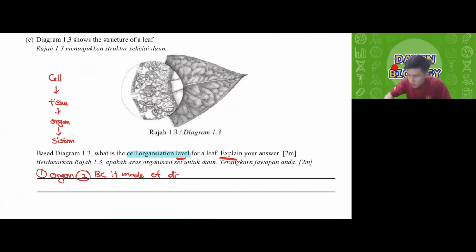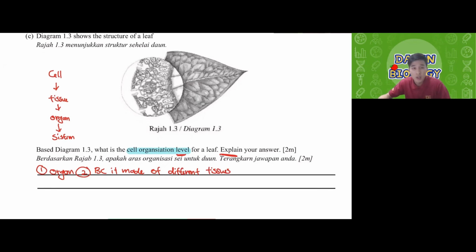Made up of different tissues. Then the second point, which work together, TGT here is together, to carry out specific function.